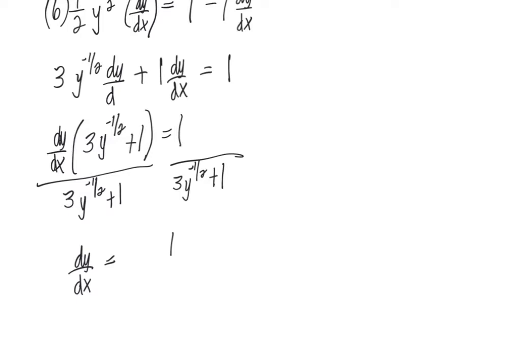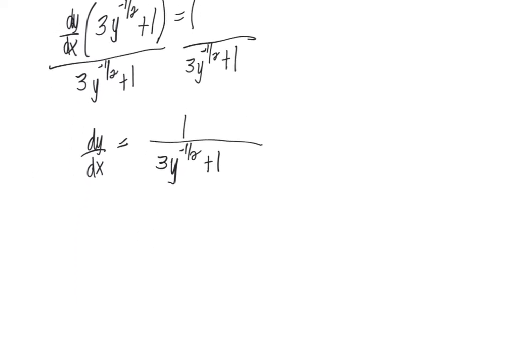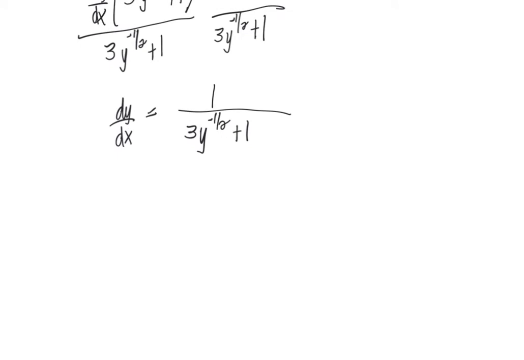Okay, so now finding the second derivative. And actually, I think I'm going to leave that y to the negative 1/2 power. So for the second derivative, we're dealing with a quotient rule here.